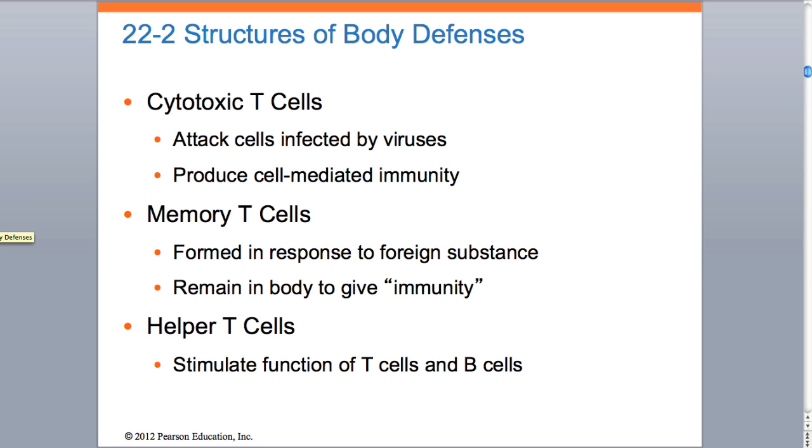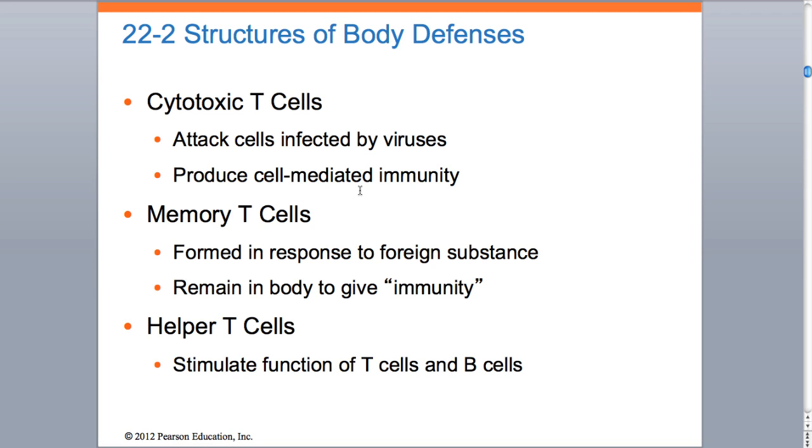Okay, here's the author's version of the same thing. So we've already said cytotoxic T cells. It kills cells that are infected by viruses or cancers. Now this line right here is important. It says T cells play a role called cell-mediated immunity. That is going with level 4.